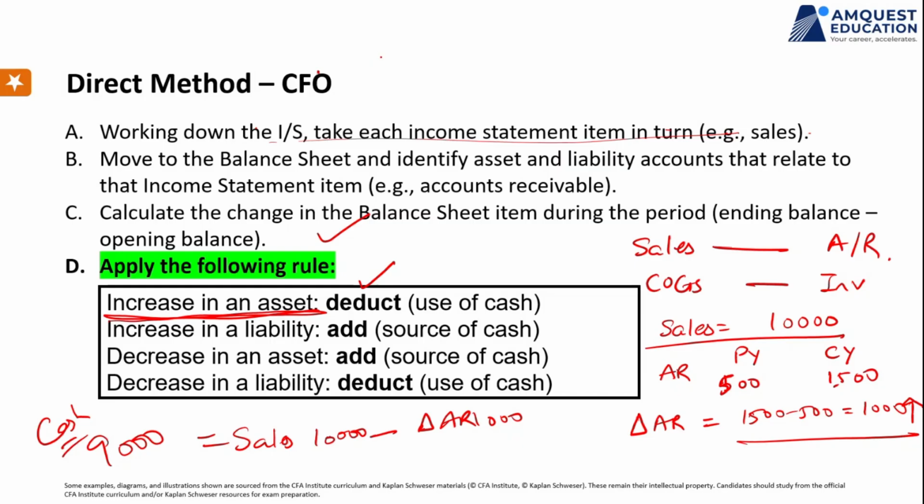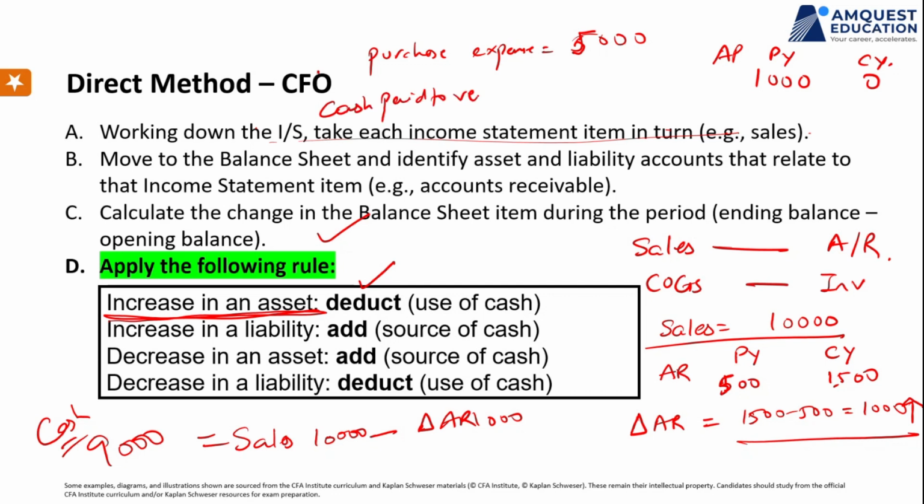For example, you can say purchase expense 5,000. And then you are saying accounts payable. Accounts payable were 1,000 and now the account payable are 0, prior year, current year, which means how much cash was paid to vendors. It will be purchase expense 5,000.